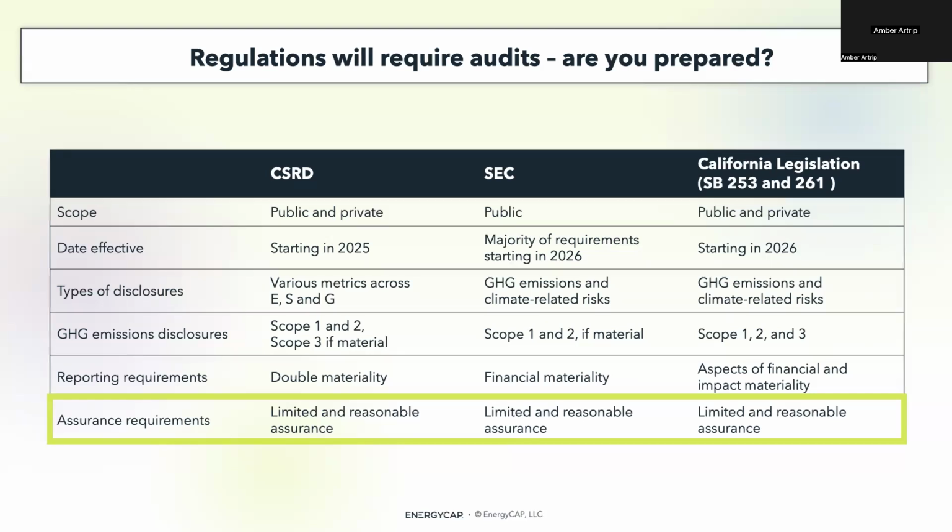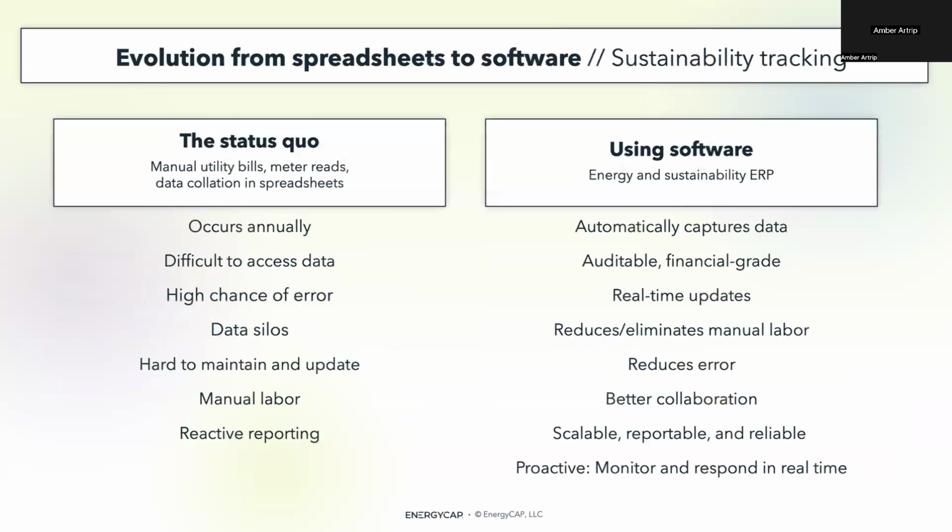That is the limited and reasonable assurance. So based on how you're doing your emissions reporting today, or if you're planning for pulling your emissions reporting together, how confident are you that a third party can come in and validate the accuracy and affirm that the information you're providing is materially correct?